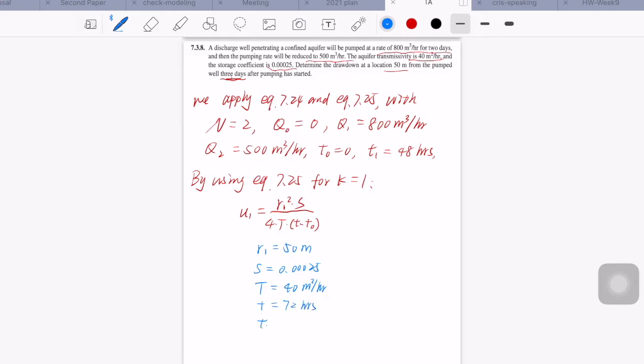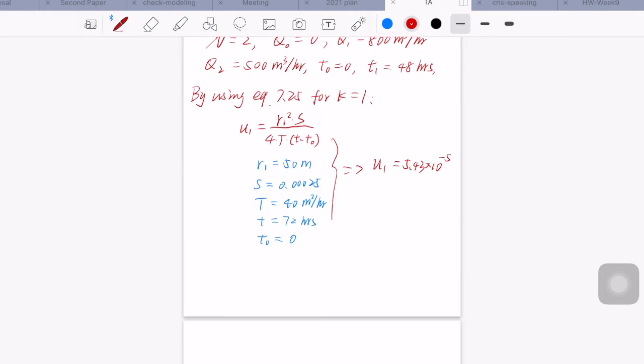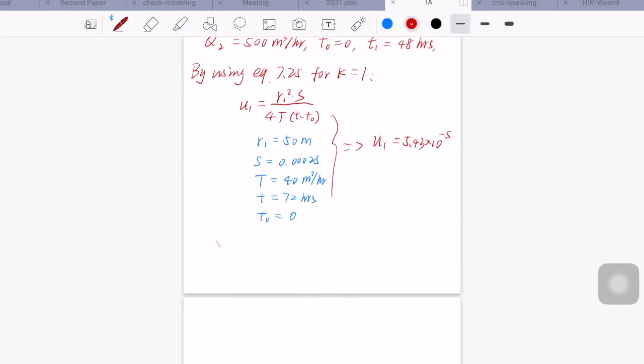And T0 is 0. So now we can determine that the U1 is 5.43 times 10 to the power of -5.